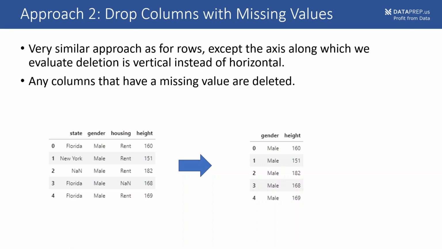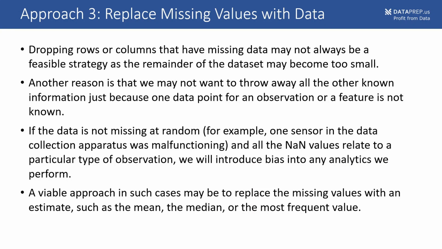The next approach is to drop the columns with missing values, and we covered that a little bit earlier, so I'm not going to repeat myself here. The next approach is to replace missing values with some data. The problem with deleting rows or columns for the sake of 1 or 2 missing values for an observation or for a column is that you end up throwing out a lot of other good information or data that you don't want to lose.